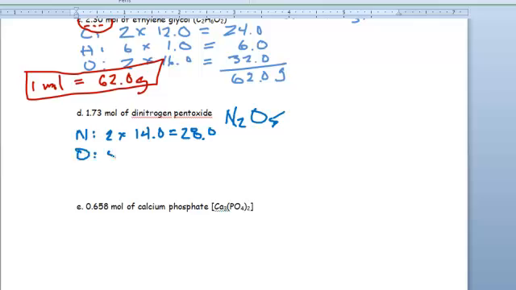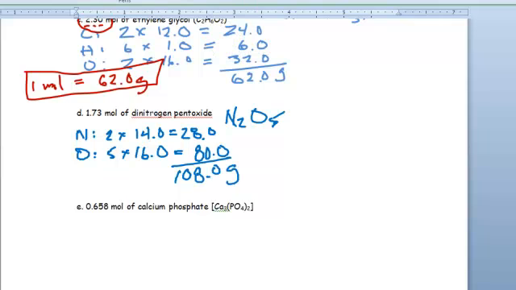Oxygen, we have 5 times 16.0, and that is equal to 80, I believe. Let me do the calculation real quick here. Yes, 80.0. And when we add those together, we should get 108.0 grams.